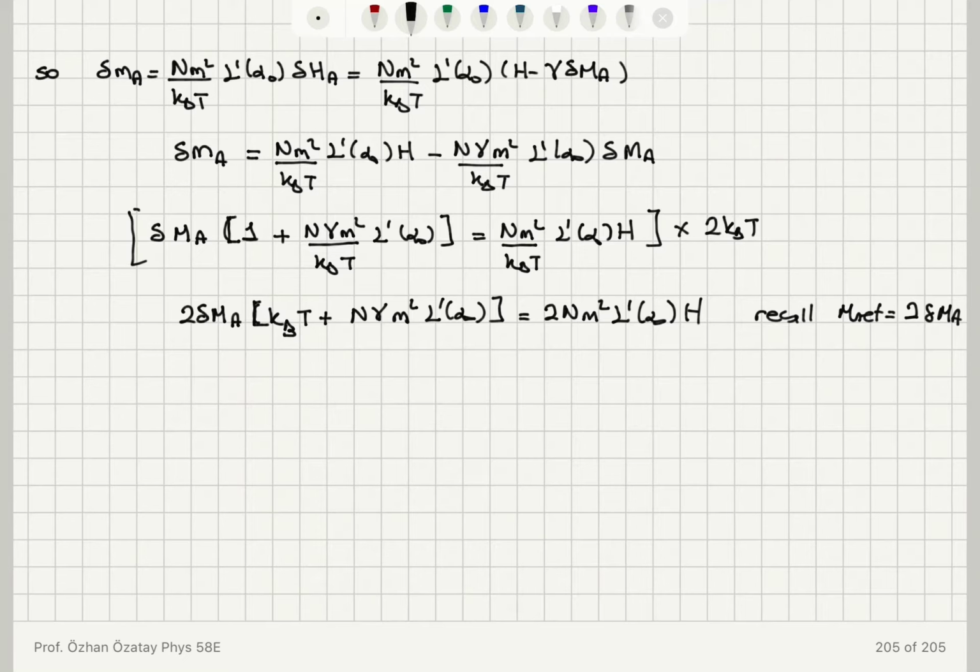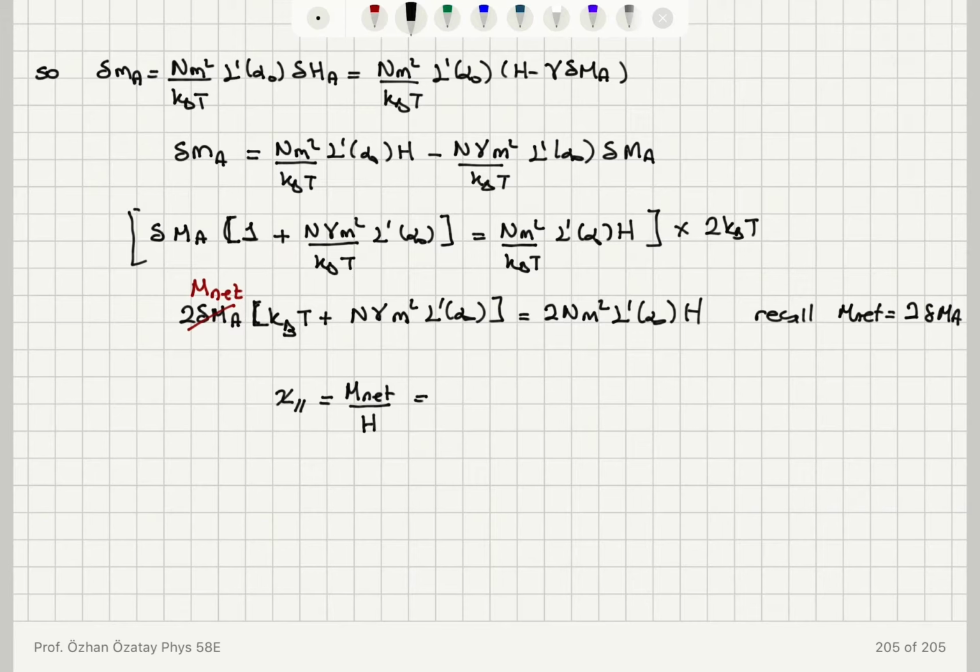So therefore, instead of this, I can write net magnetization, M net. So I have M as a function of H. Therefore, the longitudinal susceptibility can be written as the net magnetization I have in the field direction divided by the applied field.